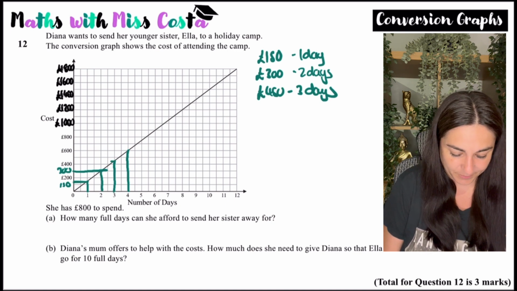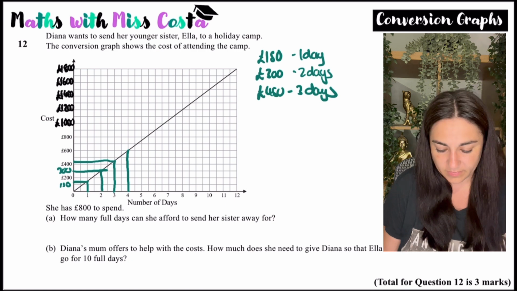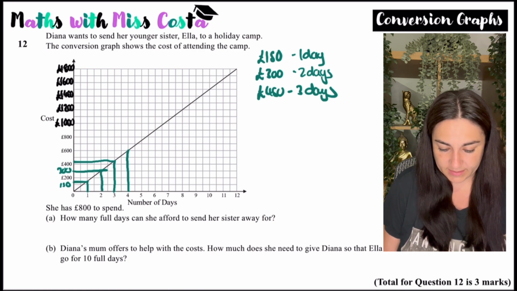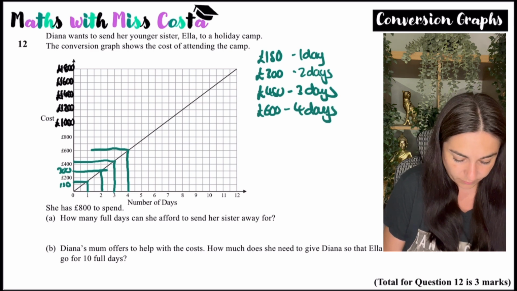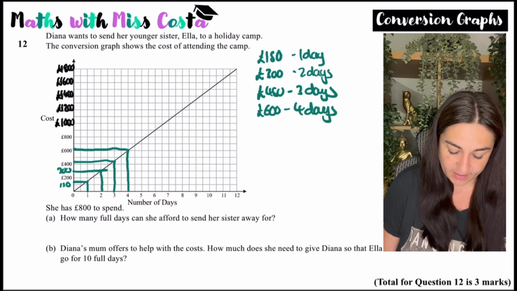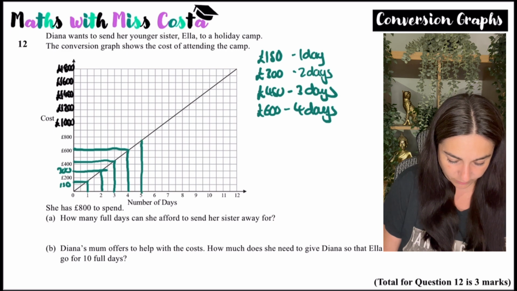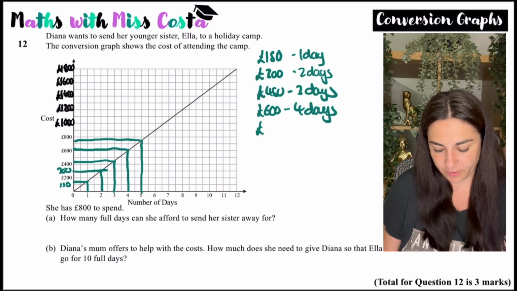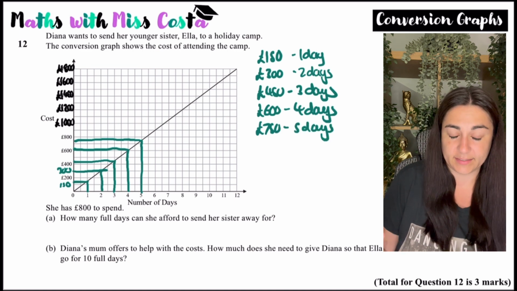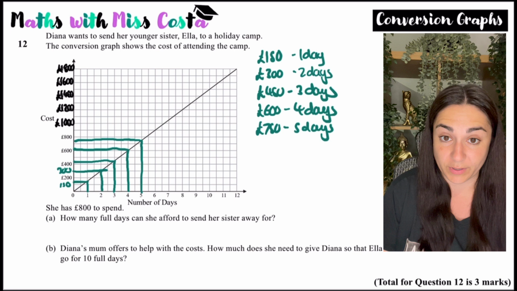Yes, that's 450. And then £600 is going to be the cost of 4 days. You can read that off the graph too. 4 days is £600. 5 days, if I go to the graph, is going to be over there. It's halfway, so that's going to be 750. And that's just to show you how you can read the conversion graph.